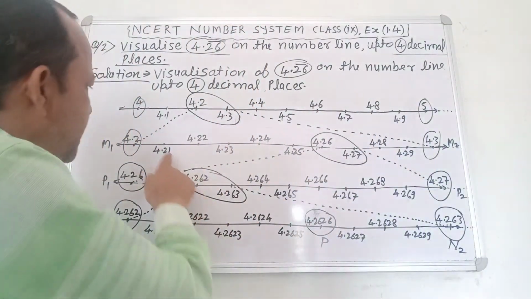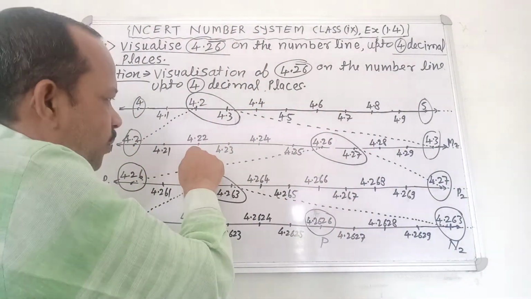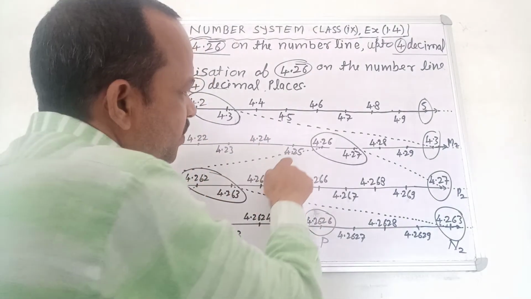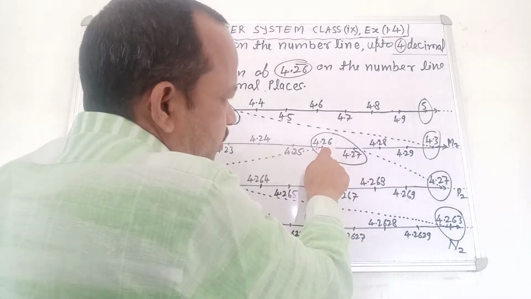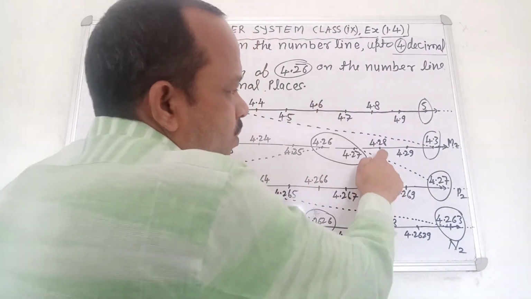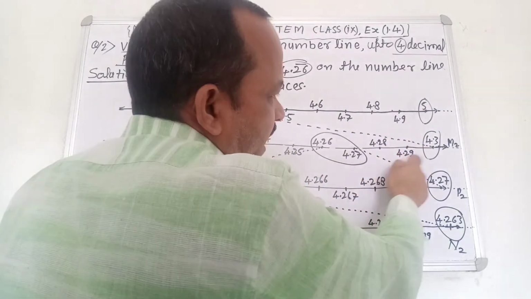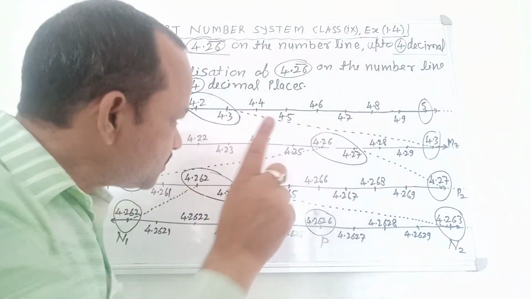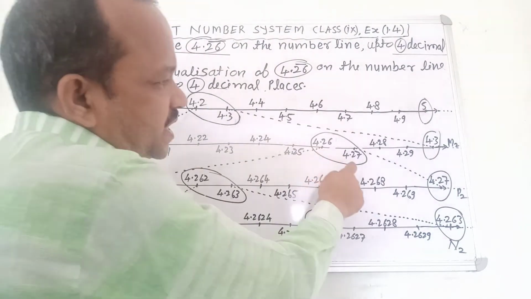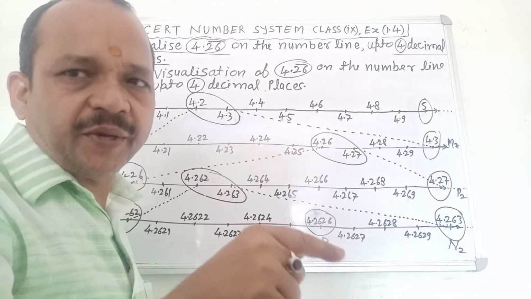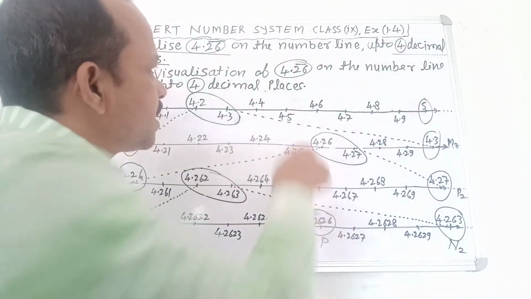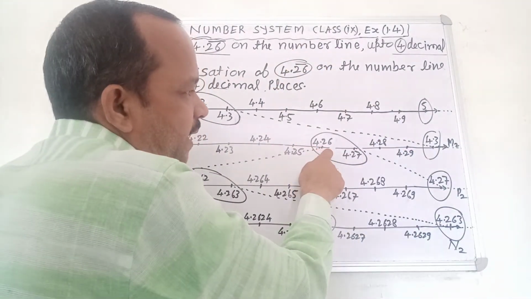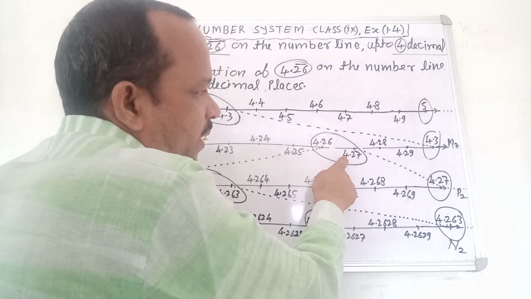Here 4.21, 4.22, 4.23, 4.24, 4.25, 4.26, 4.27, 4.28, 4.29 and here 4.3. Here 4.26 and 4.27. It means 4.26 bar is between 4.26 and 4.27.